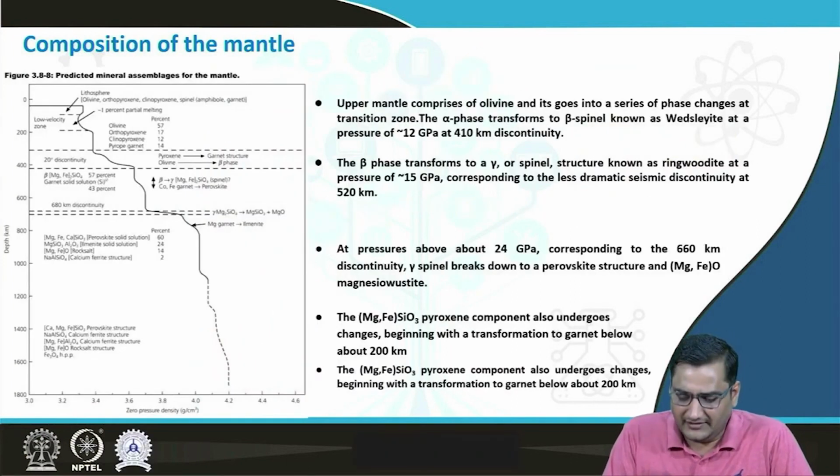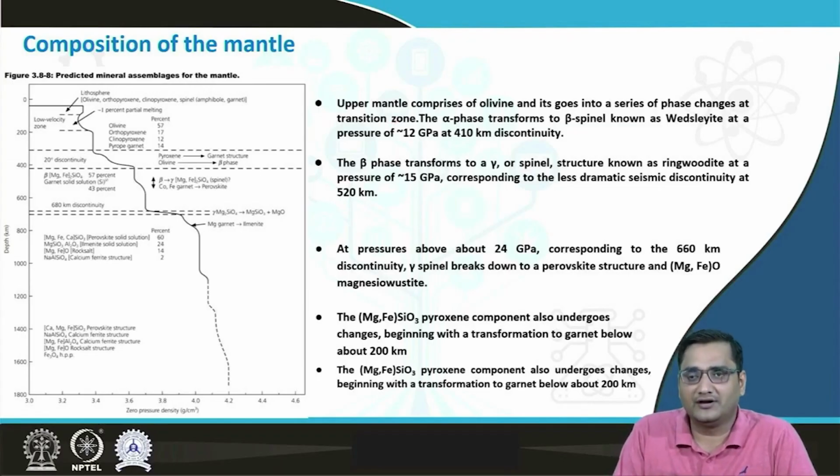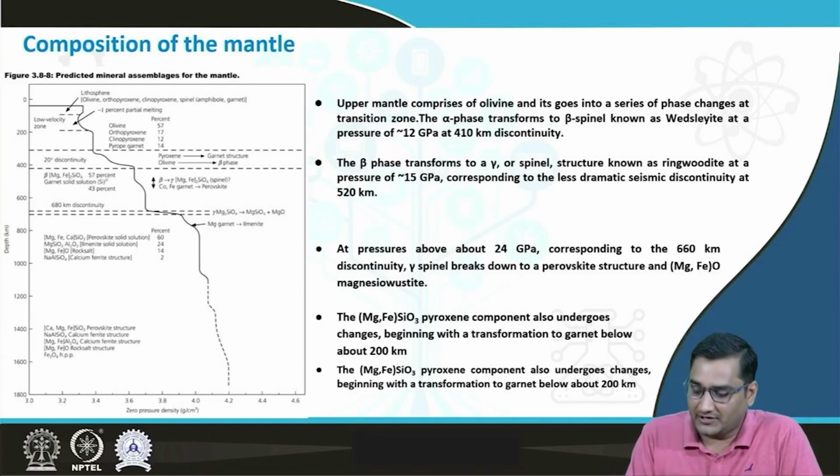And in a detailed manner, if you want to look at the composition of the mantle, you can understand it by these points. The upper mantle comprises olivine, and it goes through a series of phase changes at the transition zone. The alpha phase transforms to beta spinel, known as wadsleyite, at a pressure of around 12 gigapascal at the 410 kilometer discontinuity.